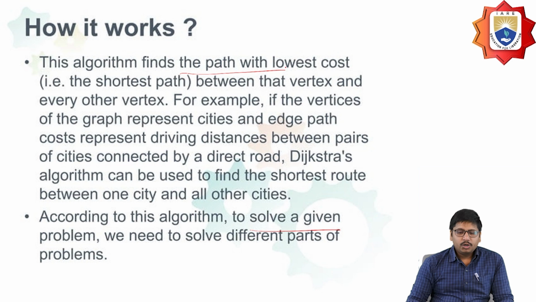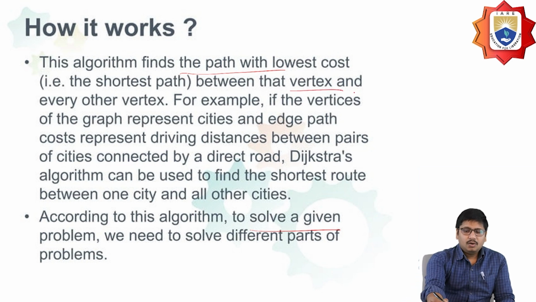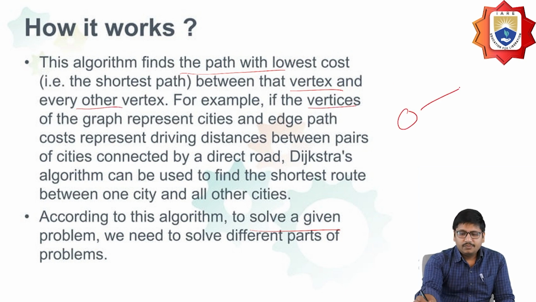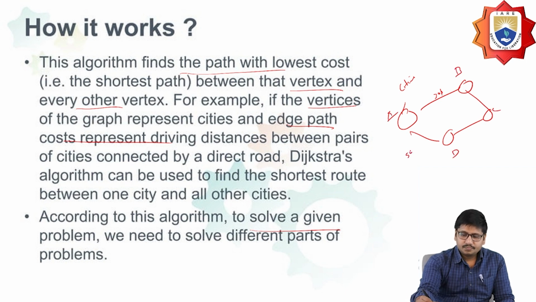This algorithm finds the lowest cost from one vertex to another vertex. For example, the vertices of the graph represent the cities and the edge costs represent the costs associated between the cities.